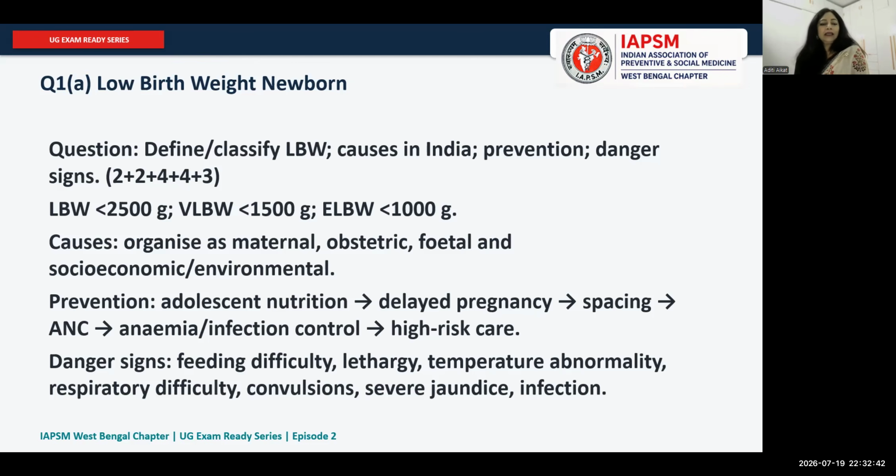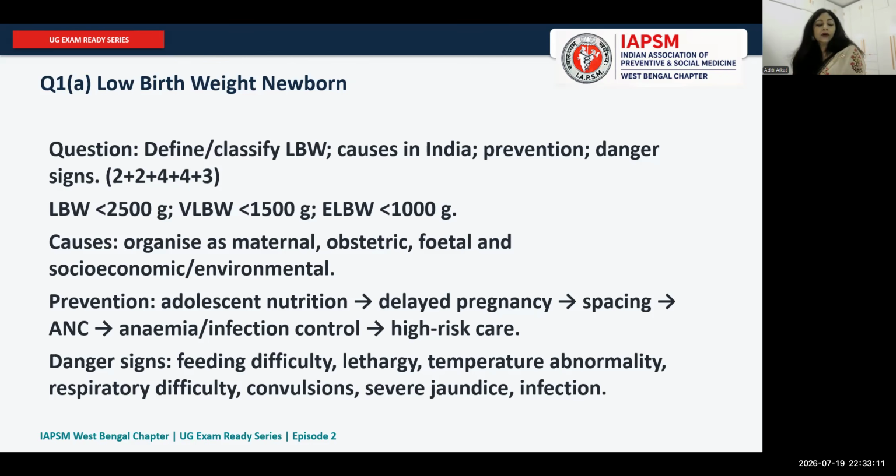And while giving the reasons or the causes, please do not write in a flowing manner one after another. Try to categorize: maternal causes, obstetric causes, fetal causes, socioeconomic or environmental causes. That gives the impression that you know how to organize your thoughts and express better.